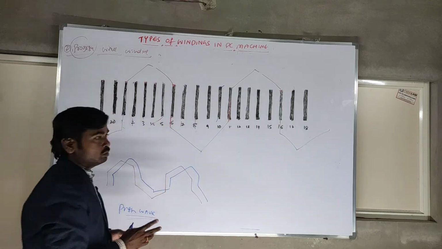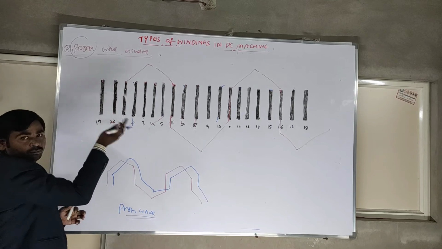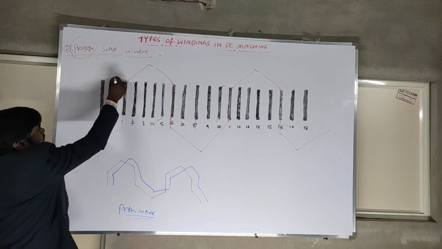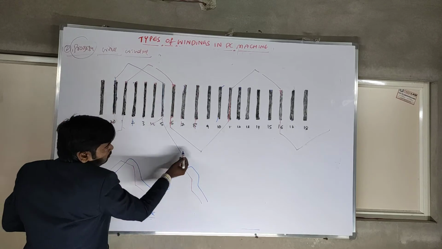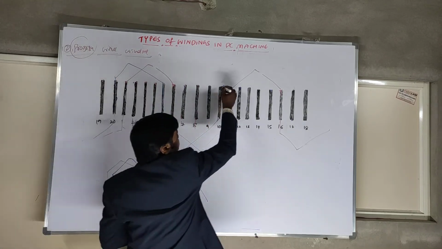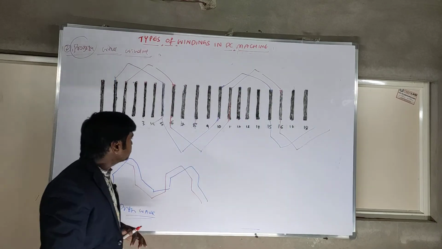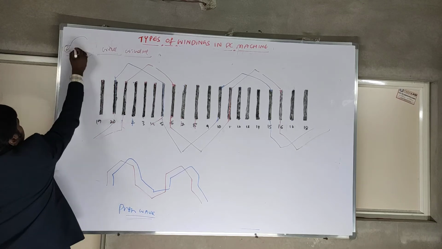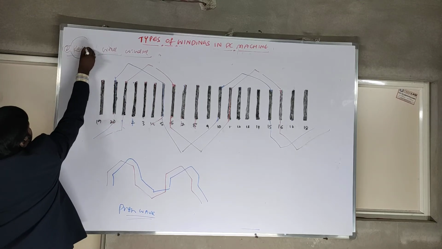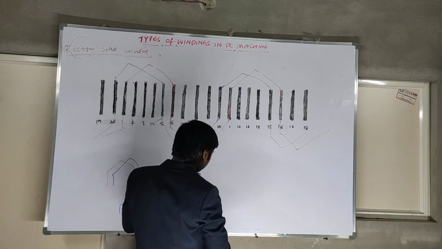The second coil should connect to the previous coil. The previous coil is the 28th one, back to this 28. Like this, it should go like this. Like this, it should come to the previous conductor. This is called a retrogressive wave winding. Let me draw an example.